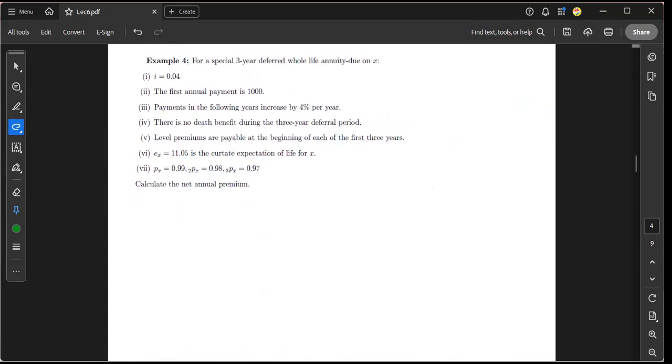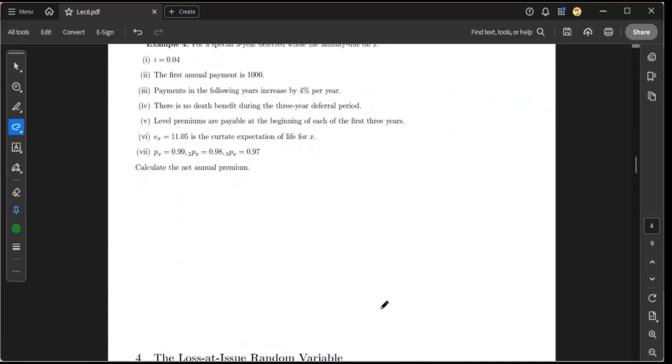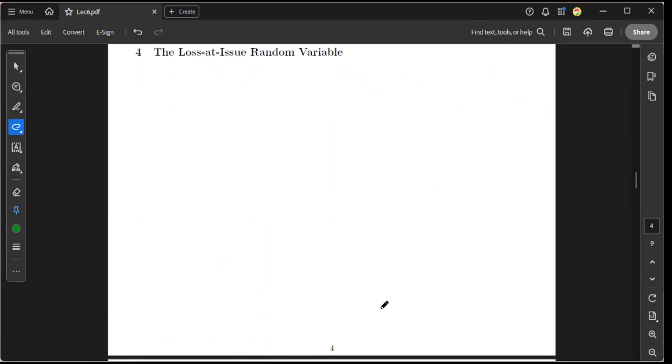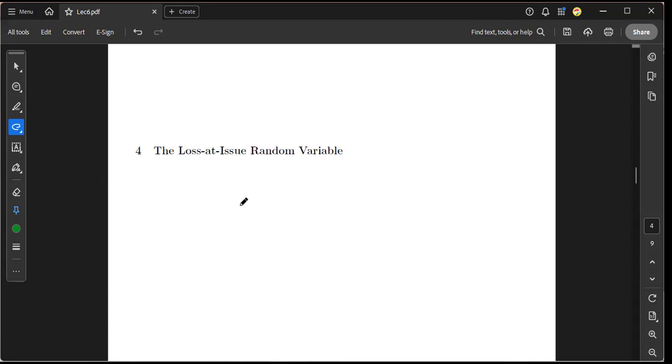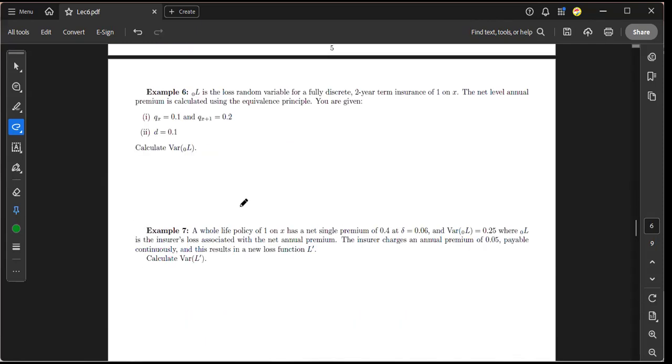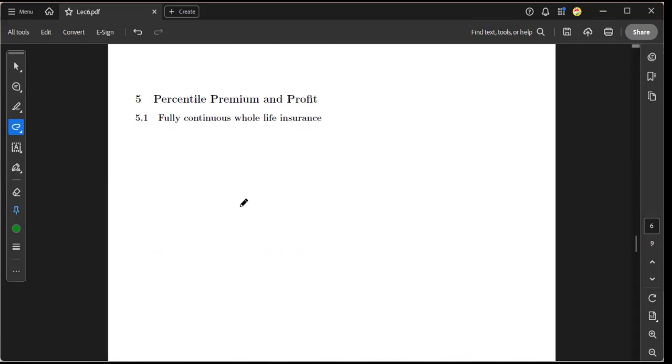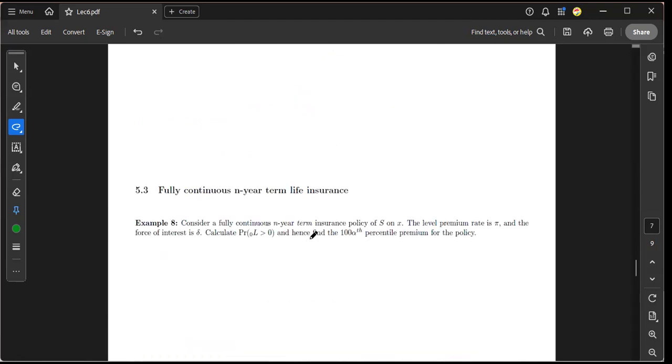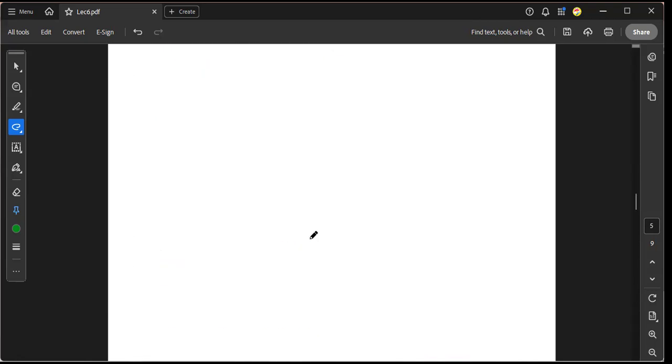So finally, we can discuss one more example and then we can see how these things work. The next topic, which is the loss at issue random variable, I eliminated that topic from the syllabus, and the percentile premium and the profit, because the last time I got feedback from the class.